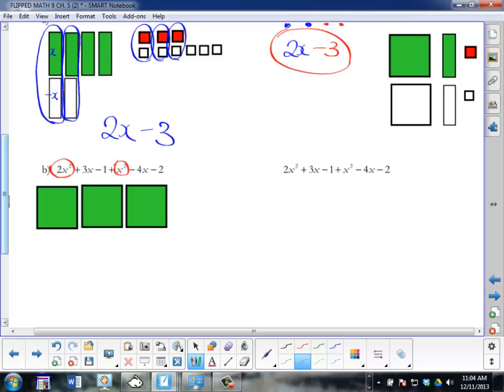Then, changing my colors here, we've got a 3x there and a minus 4x there. So 3 x's, and my minus 4 x's are going to go underneath, because I'm going to keep my negative ones underneath.